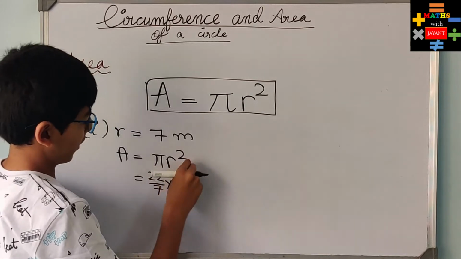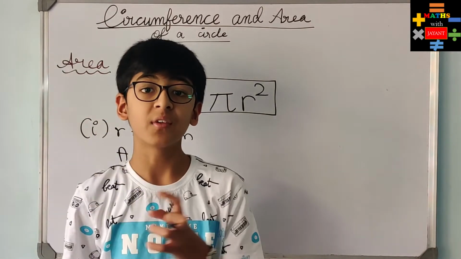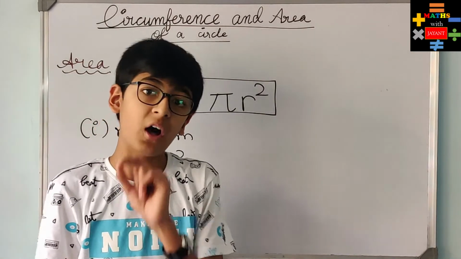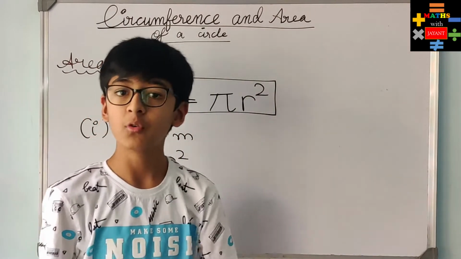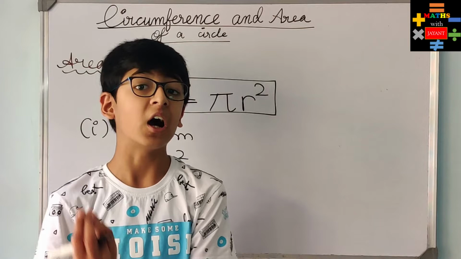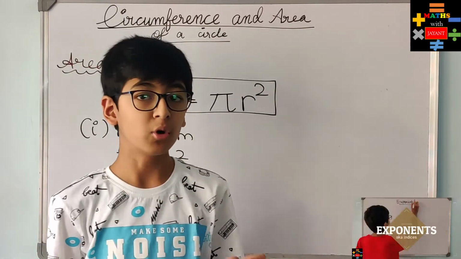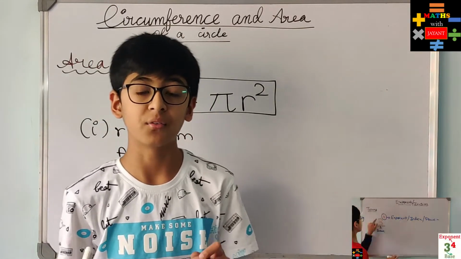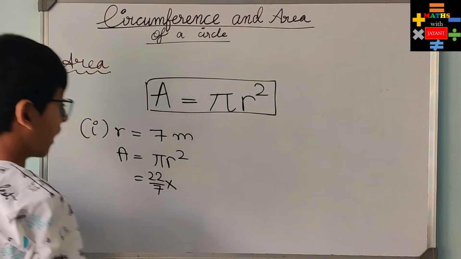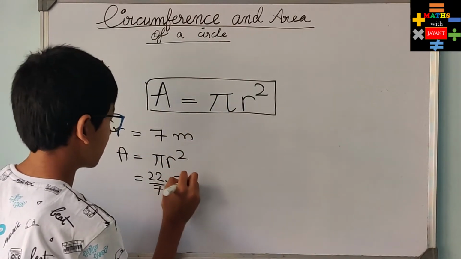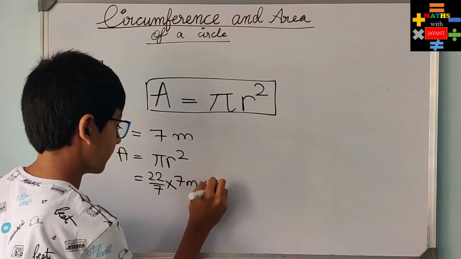So radius squared. What does square mean? r squared means r into r. 2 squared means 2 into 2. 3 squared means 3 into 3. 4 squared means 4 into 4. Similarly, r squared means r into r. And you can know more about exponents from watching my videos about them. So this r squared means r into r. That means 7 meter into 7 meter.